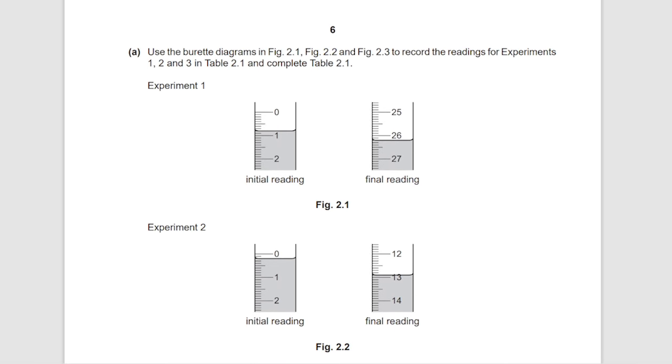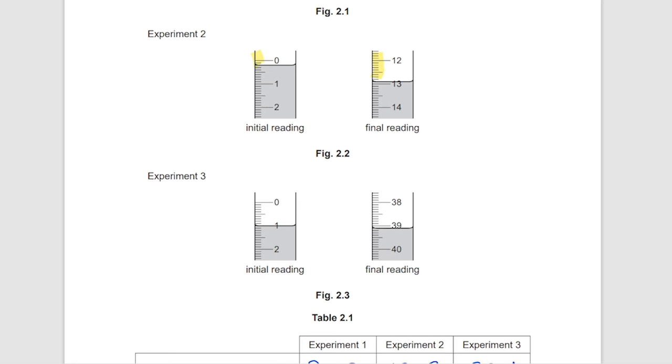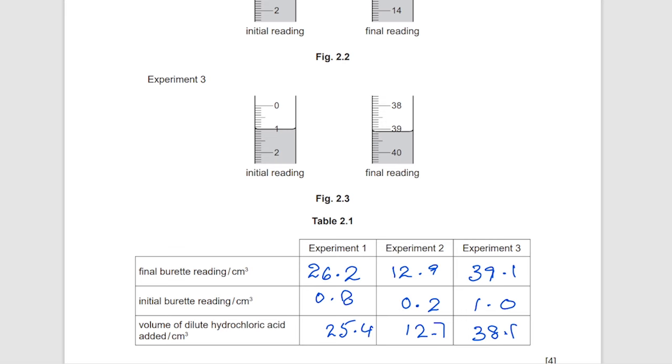Use the burette reading. So you people must know how to read from top to bottom. We have to read like 26. The final reading is 26.2. This one 0.2. Here again you can read 12.5, 6, 7, 8, 9. So you have to read it from top to the bottom.